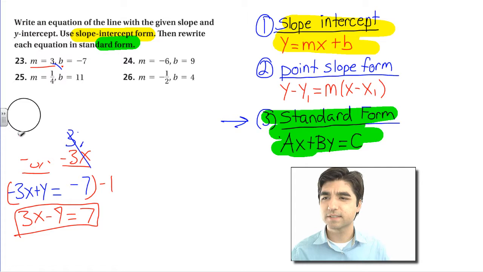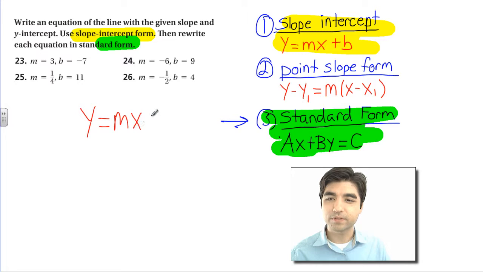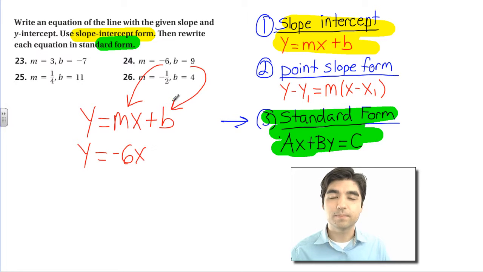Okay, so let me erase this and do 24. So on 24, you just do the exact same process. You write the slope-intercept form first, plug the numbers into here. So we got y equals -6x plus b, which equals the 9.